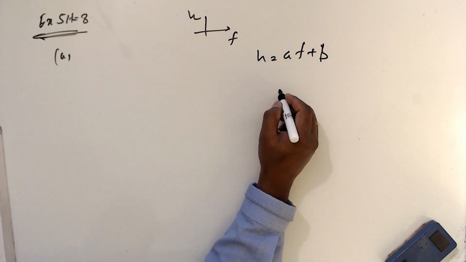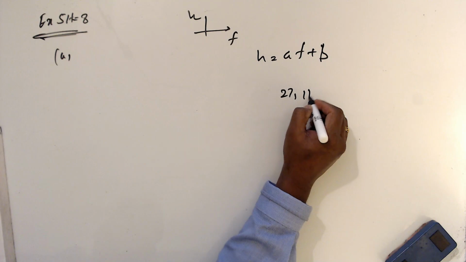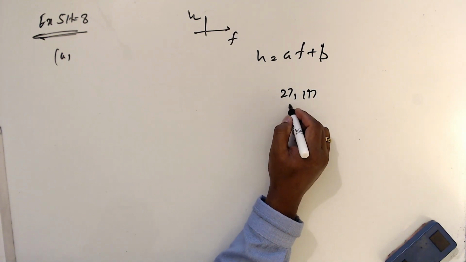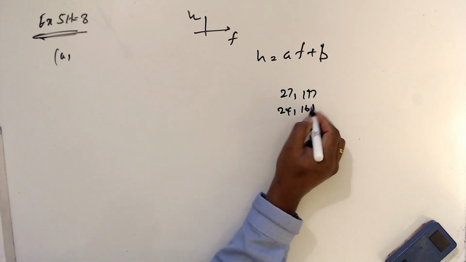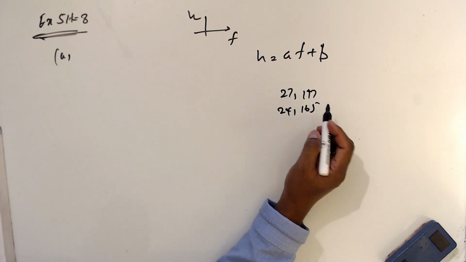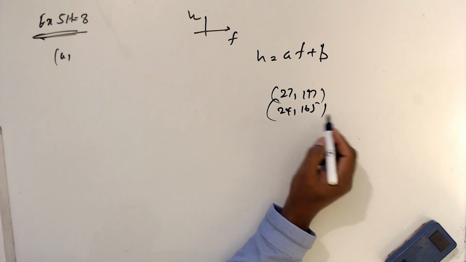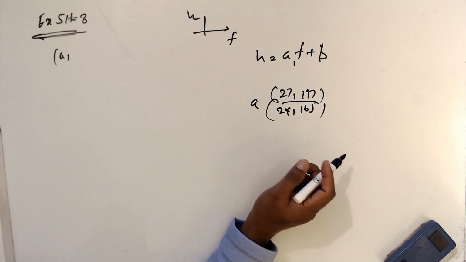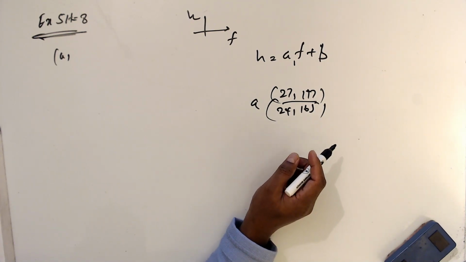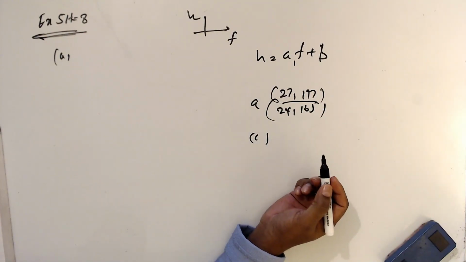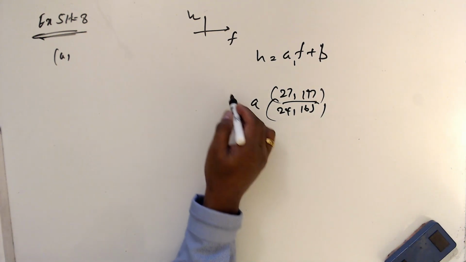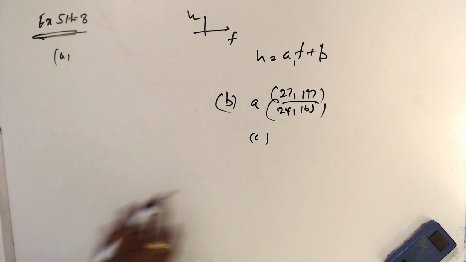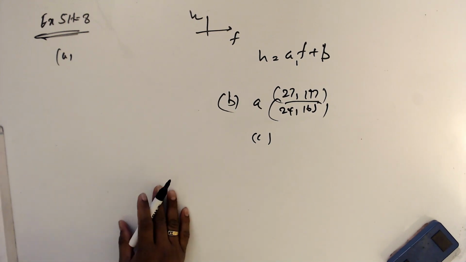Then I have 2 points, 27, 177 and 24, 165. Then we can find a, and substituting one point, we can find the equation. What is this sum about? I didn't read the sum yet. Calculate the expected height of the person with length. Okay, C part also I can do without reading the sum, which is not good. You have to read the sum, but that's how you get the sense of the sums.